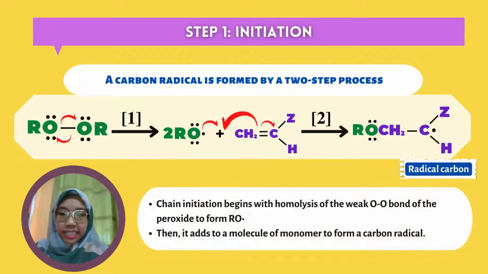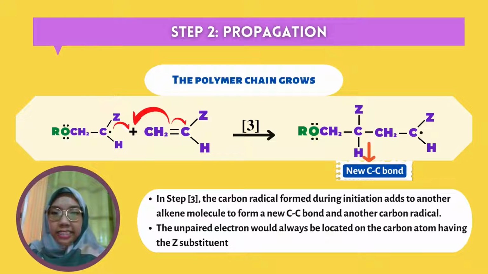The first step is initiation. This is where a carbon radical is formed by a two-step process. The chain initiation would begin with homolysis of the weak oxygen-oxygen bond of the peroxide to form RO radicals. Then, it adds to a molecule of monomer to form a carbon radical. Step 2 is propagation. This is where the polymer chain grows.